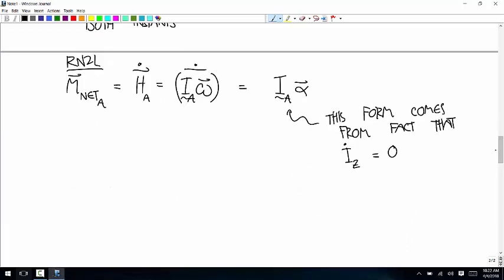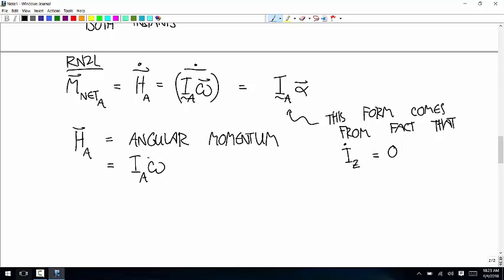So H is the angular momentum, and it's defined as the mass moment of inertia times the angular velocity. The under squiggle means that in general this is a matrix. When we do 2D problems, we can treat it like it's a scalar, but in 3D problems it's a matrix.